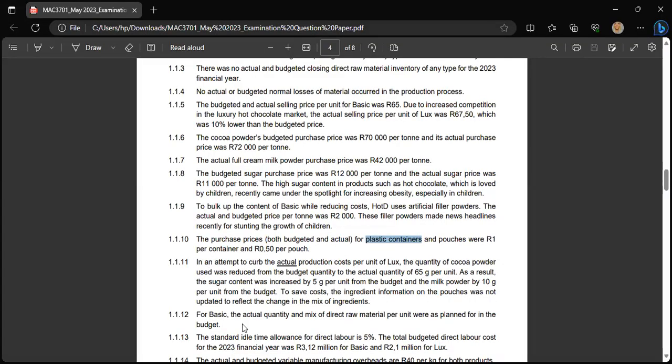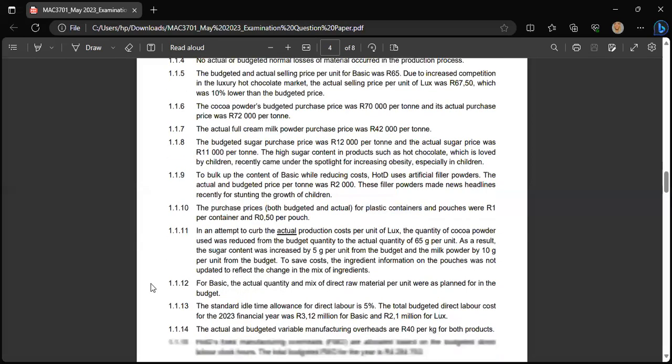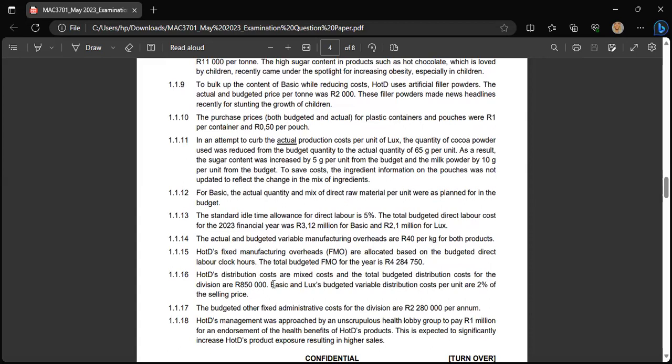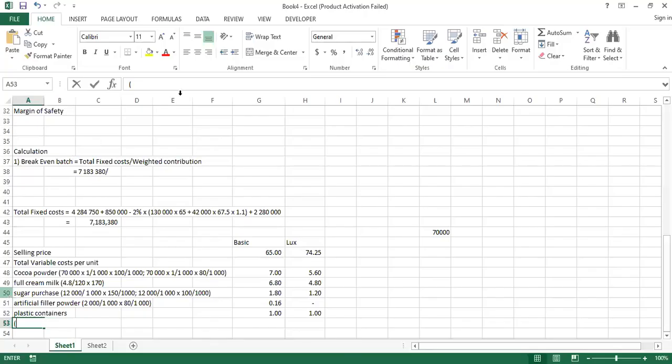Attempt to curb sugar, we've dealt with sugar, and now this is all fixed. The only variable that we have now is this 2%. This is going to be variable distribution costs.